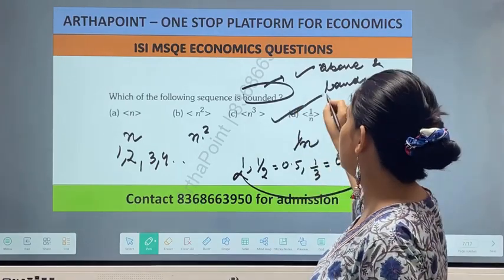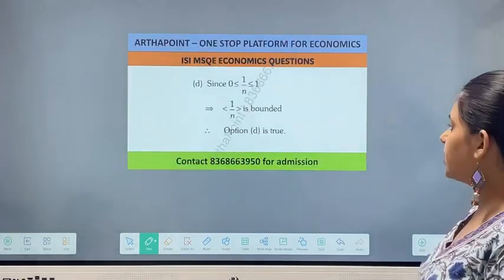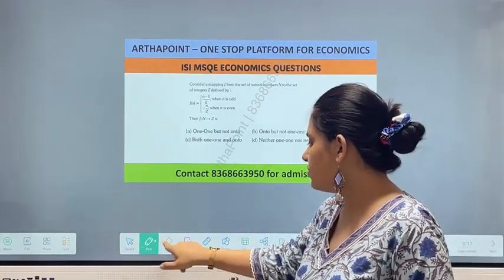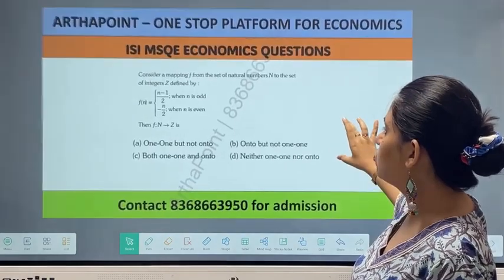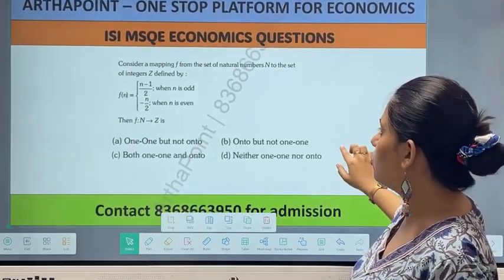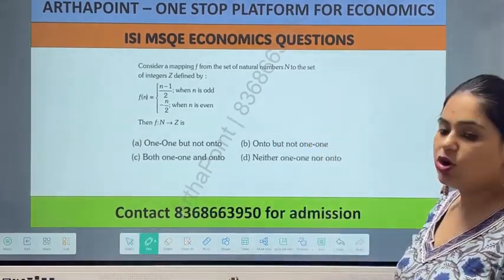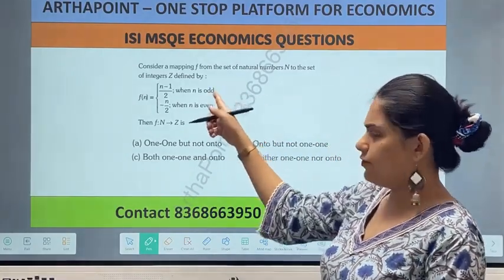Okay, but I come to the next question. Let me zoom this a bit for you. This is very difficult. Take some time, try to do this yourself. Pretty good question. Okay, beta. It says the following. Consider a mapping F from the set of natural numbers N to the set of integers. So I am going from natural numbers to integers.